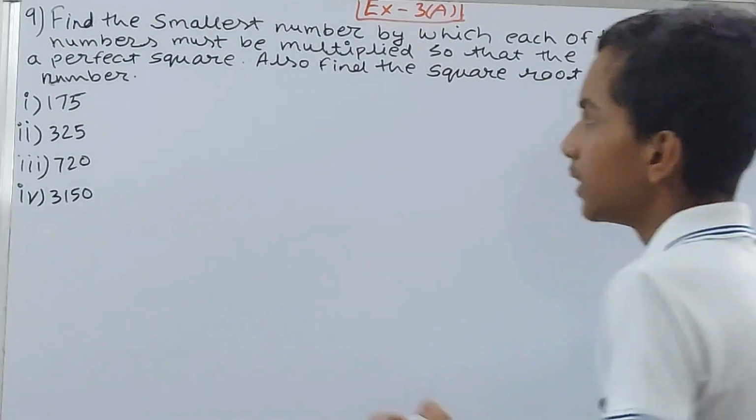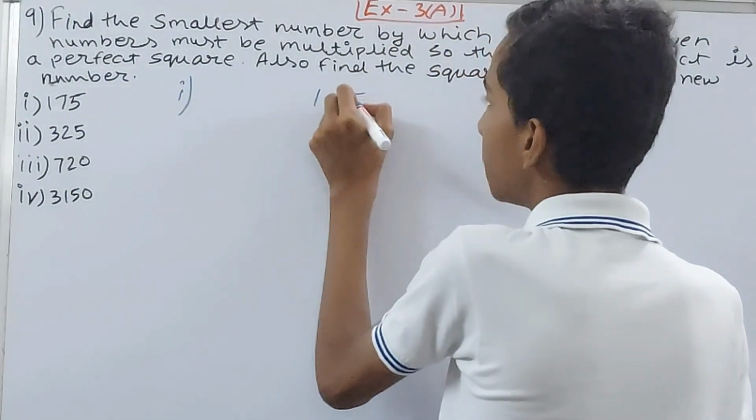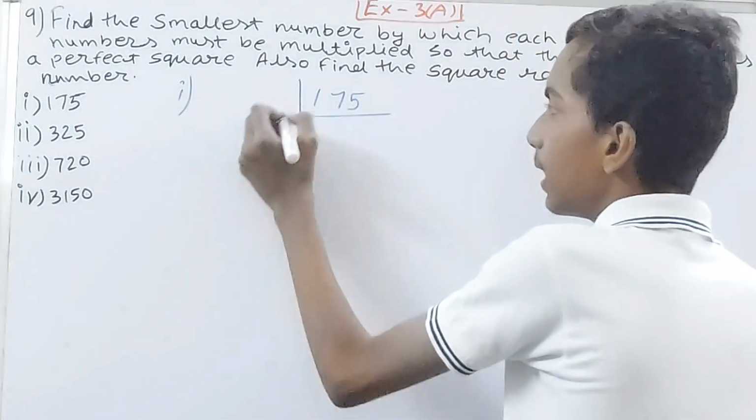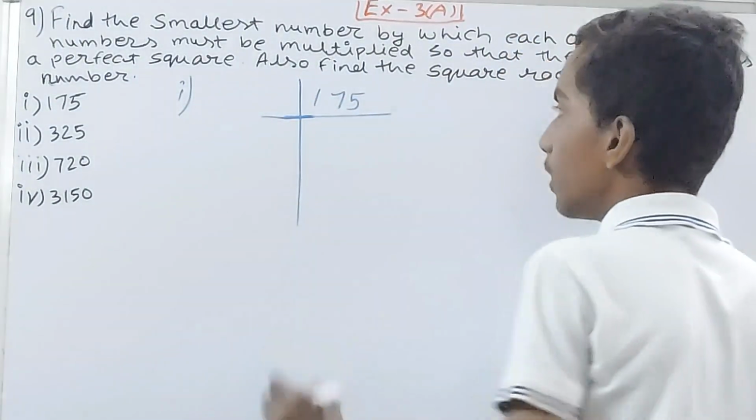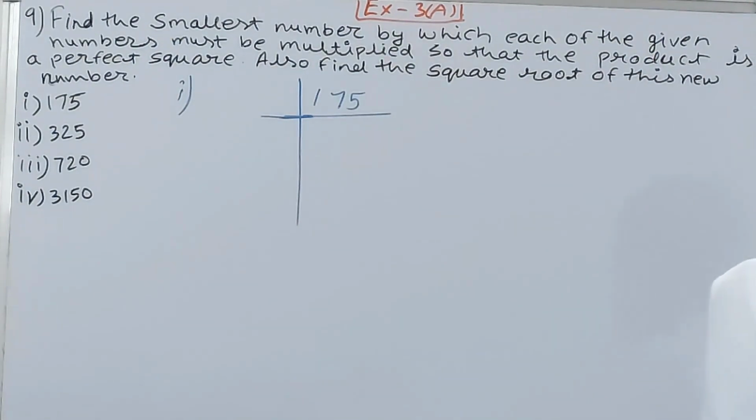So very simple. First we have 175. We'll prime factorize it because we will not get a square root of this number directly. Why? Because 175 is not a perfect square.